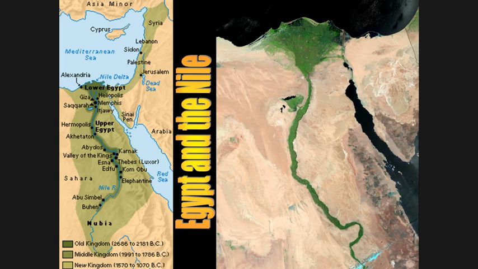And now we have applied that word delta to any place where a major river intersects saltwater, pretty much. So you think of like the Mississippi Delta and other deltas like that. Because what happens is that as the Nile flows, as any river flows, it's picking up soil, mud, all that kind of stuff, which it can suspend in the water. But when it gets to the saltwater, the Mediterranean, to the north, the density of the water is different.